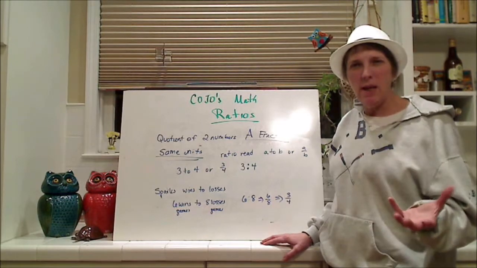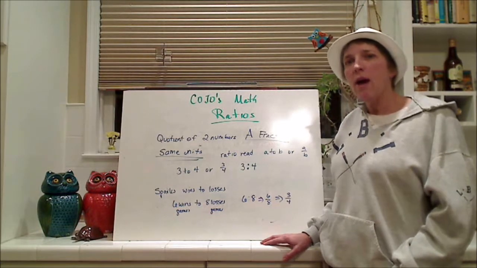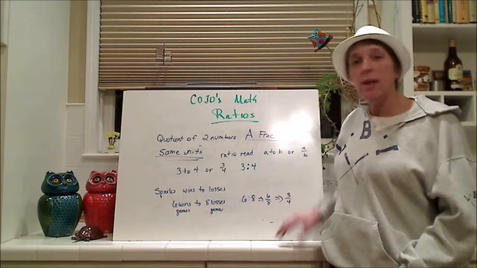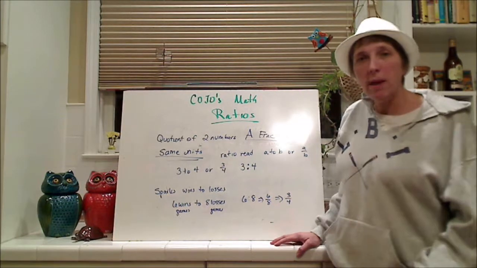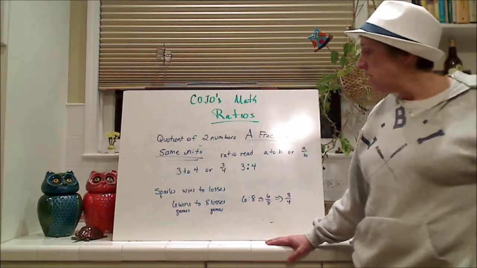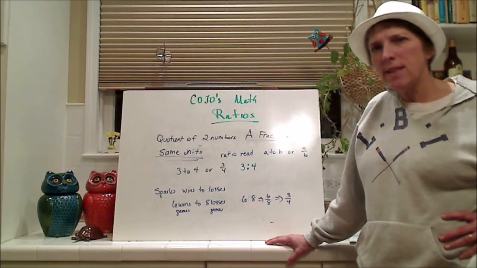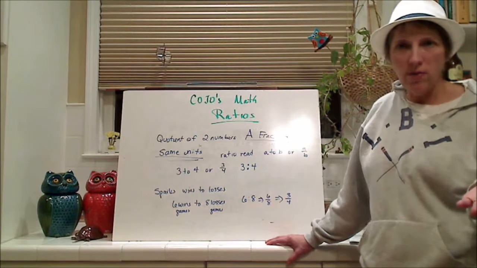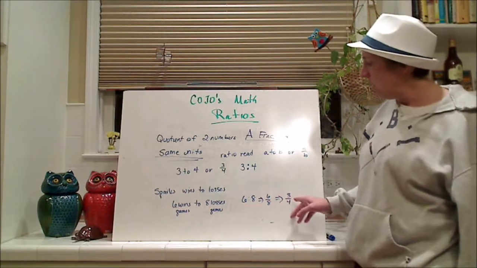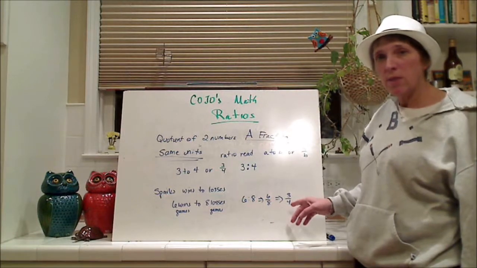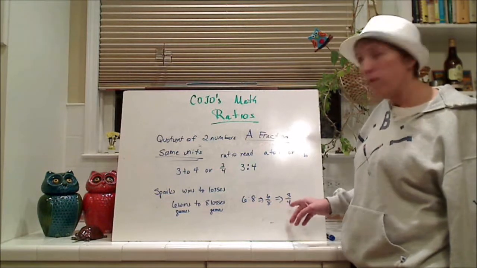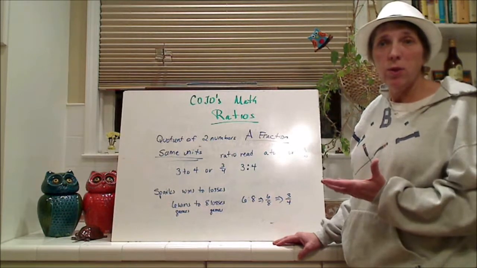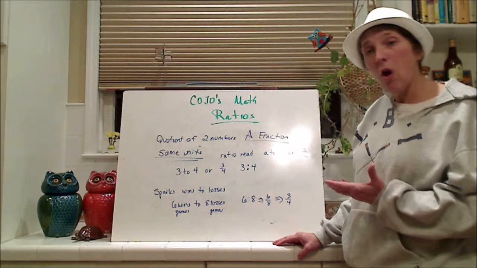What does that mean? That means that out of every 7 games that they play, we expect them to win 3 and lose 4. So we can make a prediction based on this. With 6 to 8, we would say out of 14 games we'd expect them to win 6, because for every 7 games played we'd have 3 wins and 4 losses.